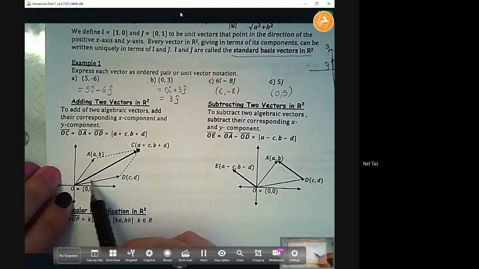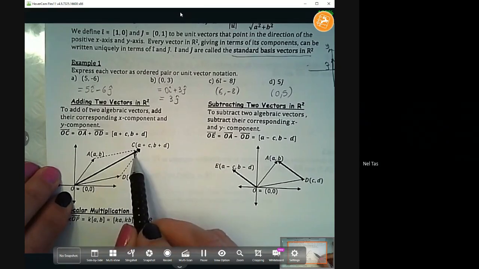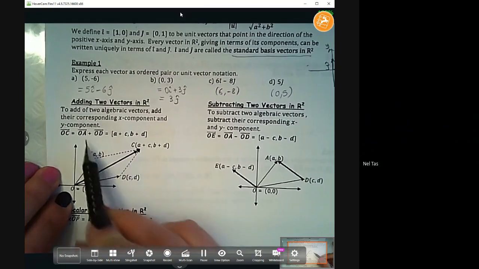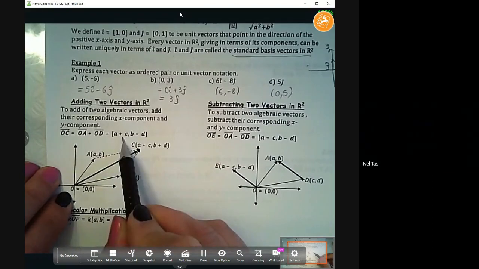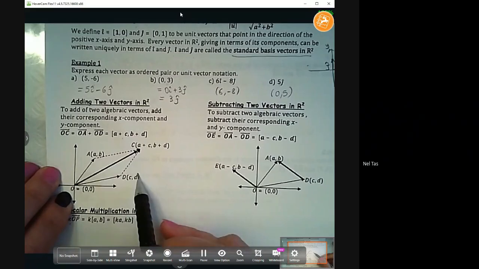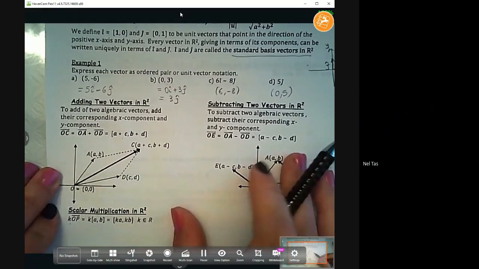So how can you represent OC? OA plus OD gives you OC vector, as you see. So we add the x coordinates, a plus c, and we add the y coordinates, b plus d. Okay, so let's give a simple example.